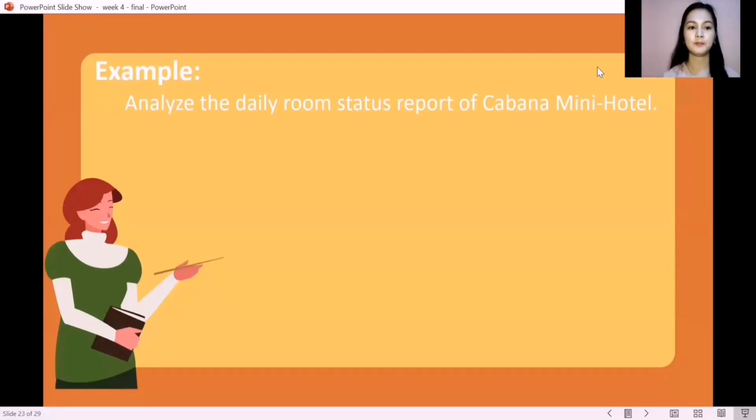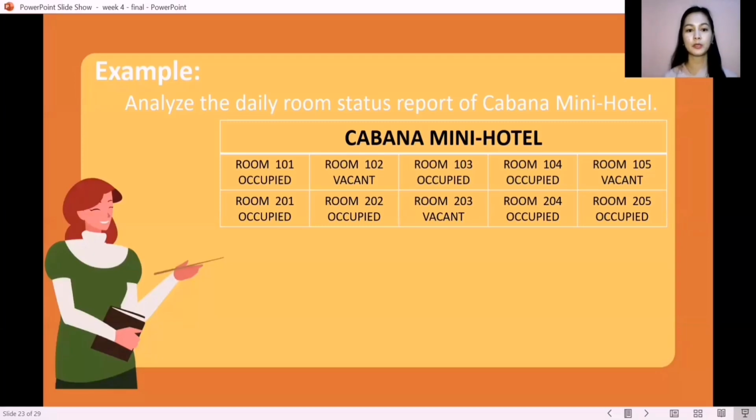Another example, let us analyze the daily room status report of Cabana Mini Hotel. In the room status report, we will see that they have a total of 10 rooms, and some of those rooms are already occupied. So we have a total of 1, 2, 3, 4, 5, 6, 7. Total of 7 rooms are already occupied. So we will use again the formula room sold divided by the room available multiplied by 100.